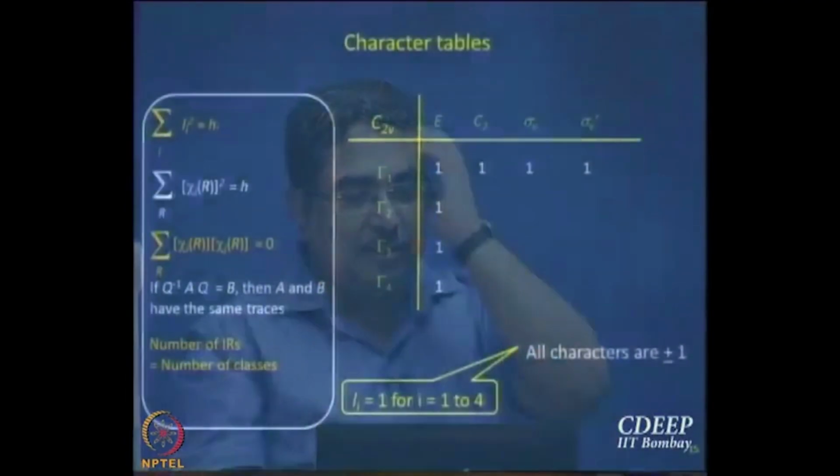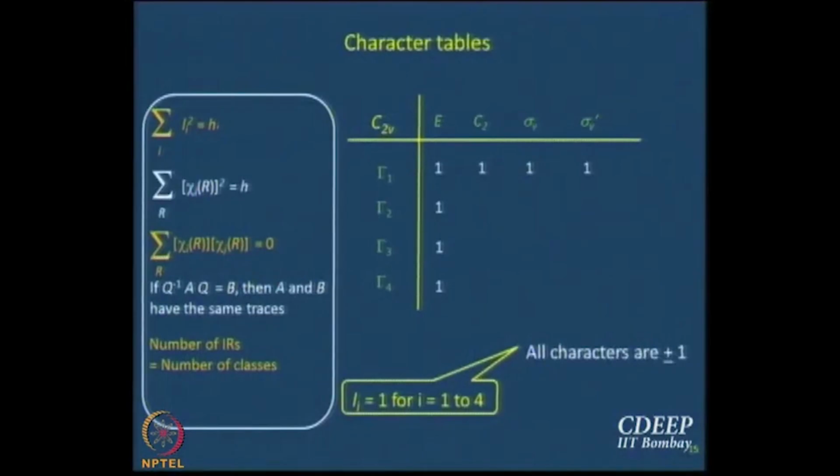If I hold you and somehow stretch you, then you are not going to call it scaling anymore, you are going to call it distortion, right? If it is just multiplied by some number that is not 1, then it is distortion. Distortion once again is not a symmetry operation. So it cannot be anything other than +1 or -1. Since all the representations are one dimensional, the only characters you can have are +1 and -1.